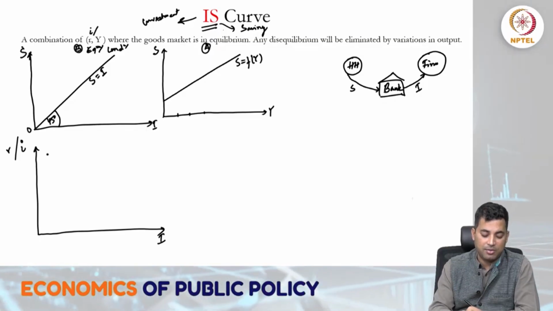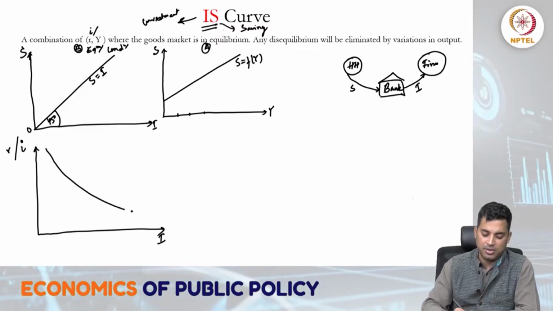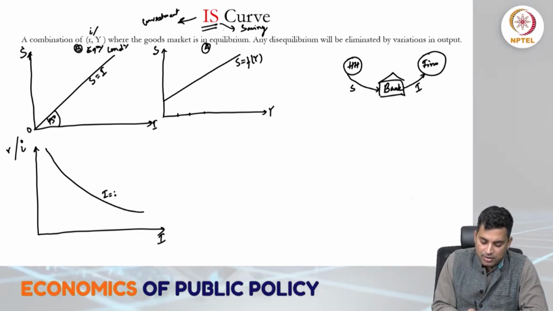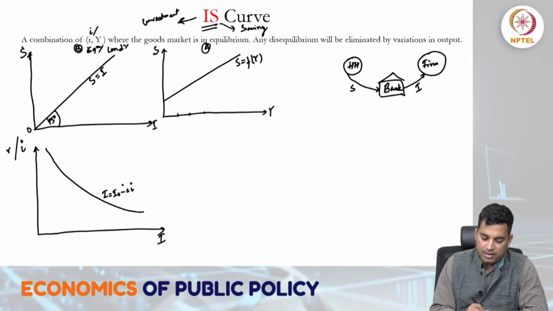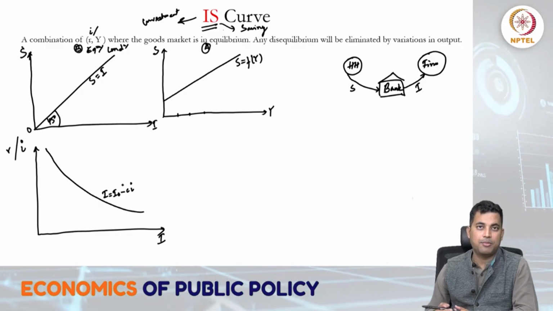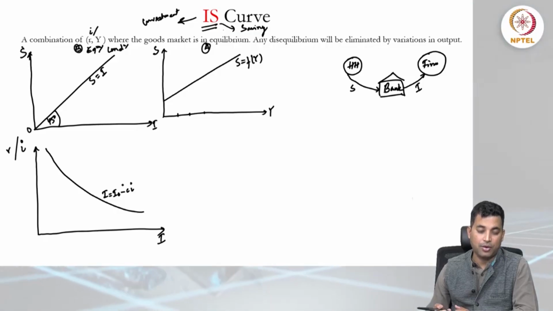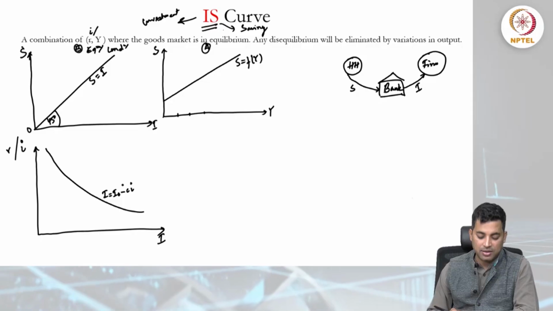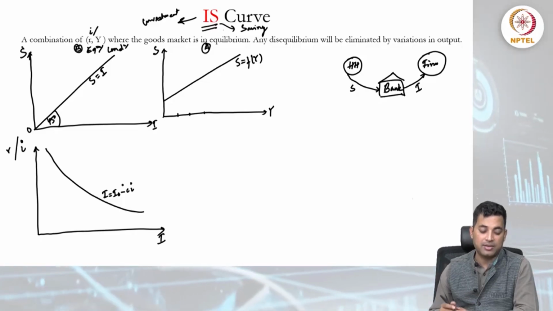Investment and the rate of interest are negatively related. So this is the investment function, which is I naught minus c times R, where small c is the investment interest coefficient, showing how investment and the rate of interest are interrelated.